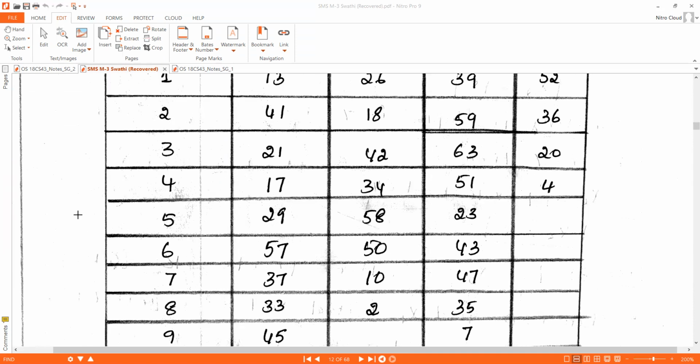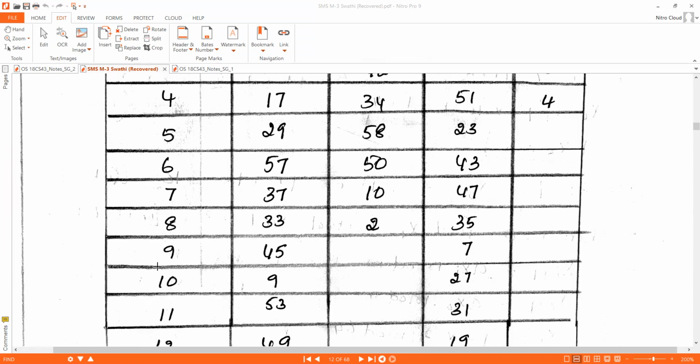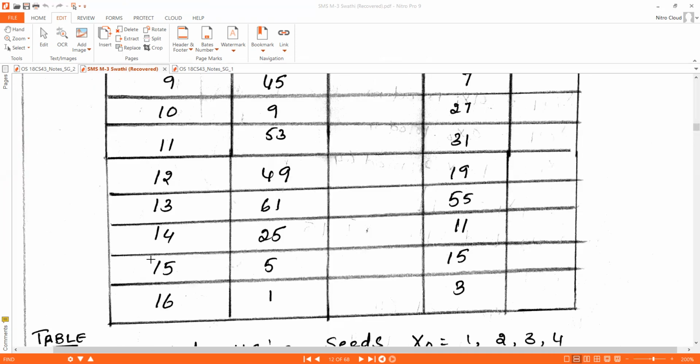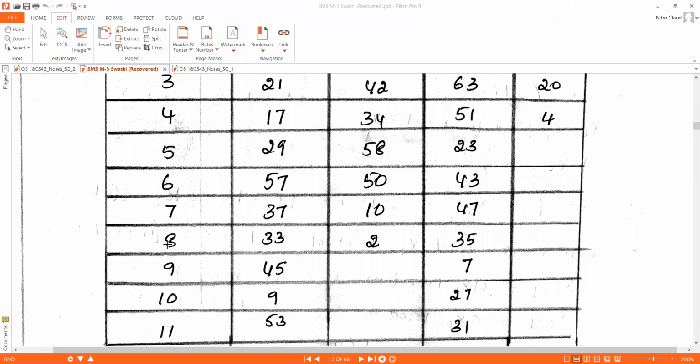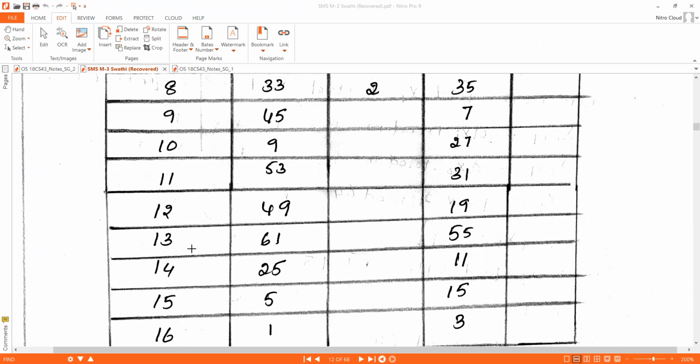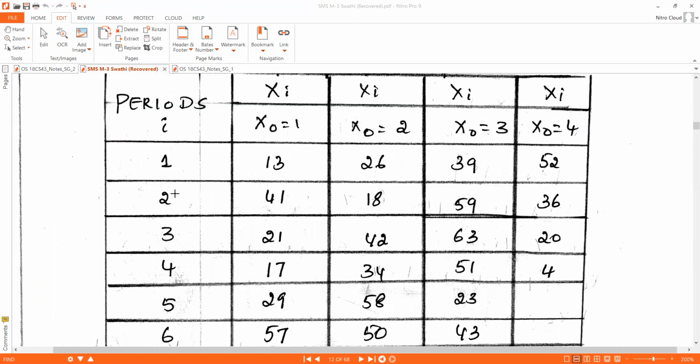Okay, this is i value 0 to 15. If you write it period-wise, it is 1 to 16. When i equal to 0, we got xi value as 13. When i equal to 1, we got xi value as 41. Like that.